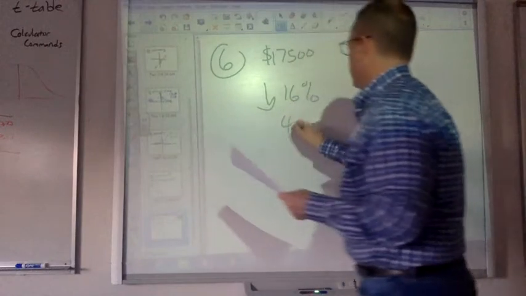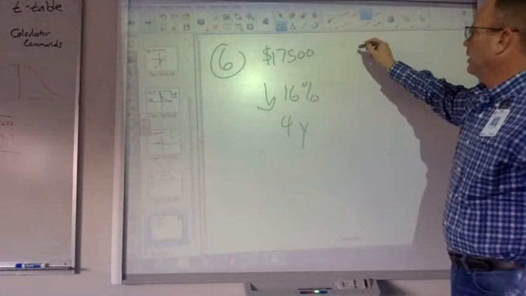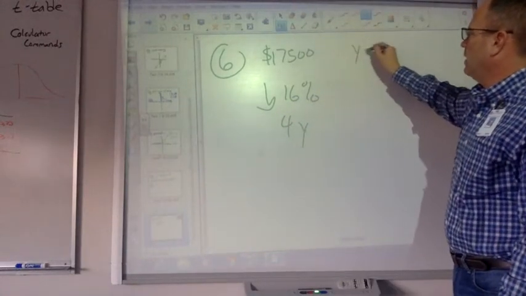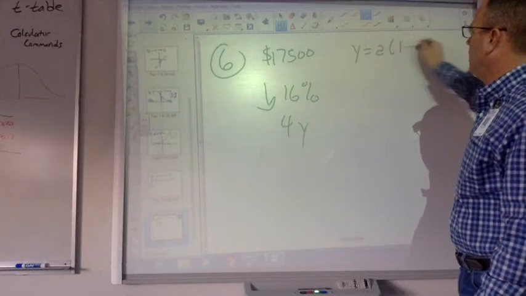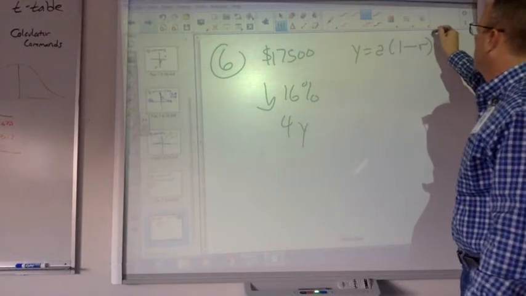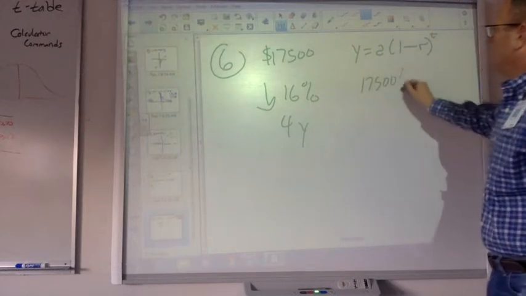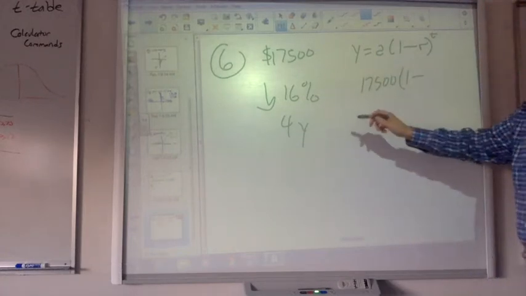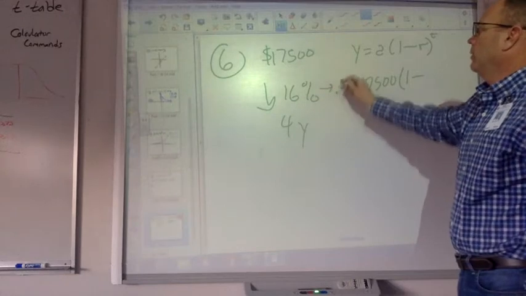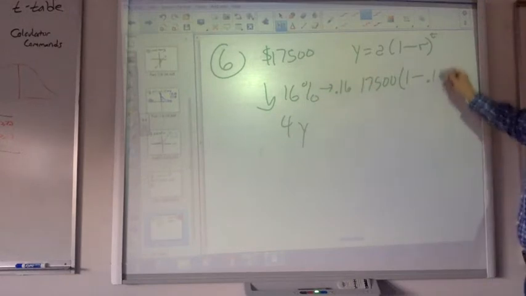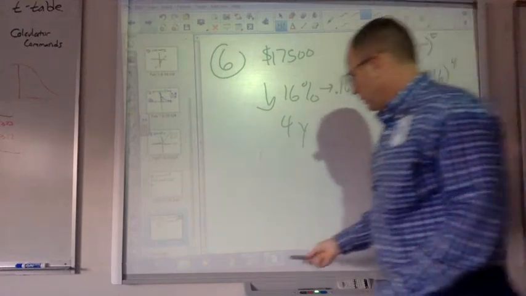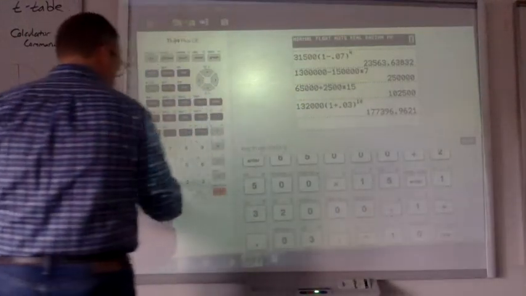What will it be worth in 4 years? So I'm going to go y equals a times 1 minus r. Why is it minus? It's decreasing. 17,500 times 1 minus, what's 16% as a decimal? 0.16, good. Raised to the t value, which is that. So plug into your calculator.